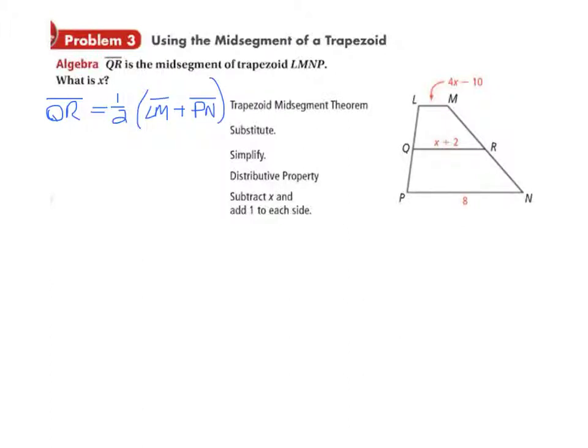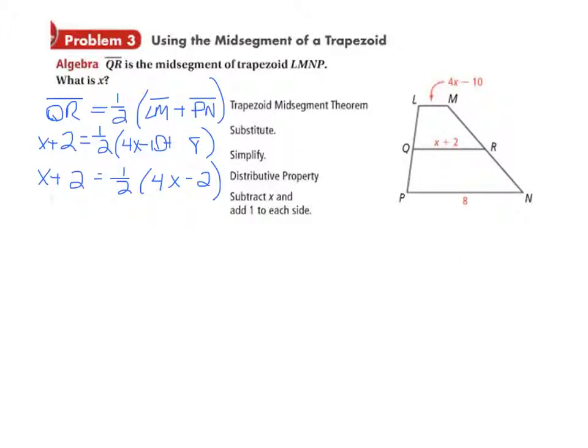All right, so QR is x plus 2 equals 1/2 of LM, which is 4x minus 10, plus PN, which is 8. Okay, so now if we do our distributive property, 4x minus 10 plus 8, so we've got x plus 2 equals 1/2 of 4x minus 2.